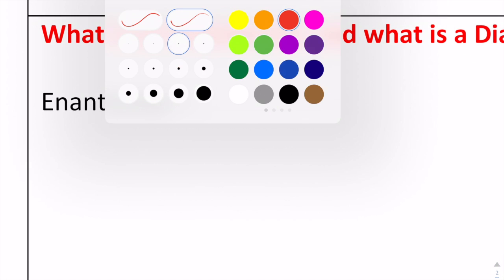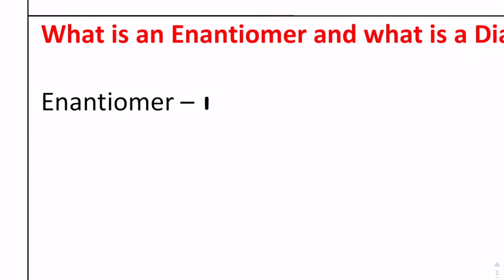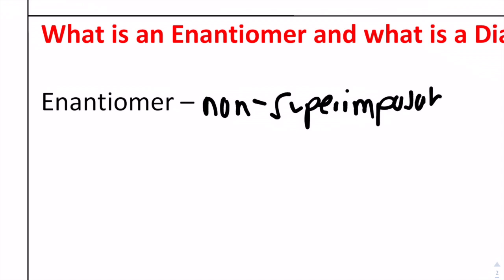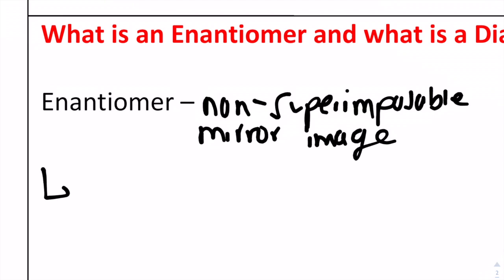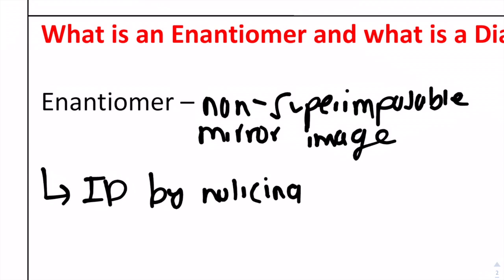So an enantiomer is a non-superimposable mirror image. And we can identify it by noticing all chiral centers invert.